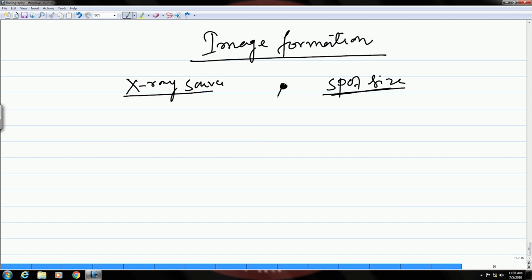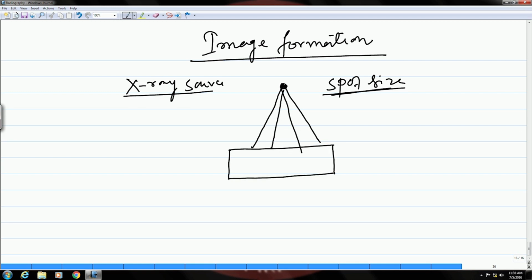So, then you have the X-rays coming from this source and going into the sample. And now, if you have any defect in the sample, that will be imaged along with the sample in the radiographic film, which is kept below the sample.